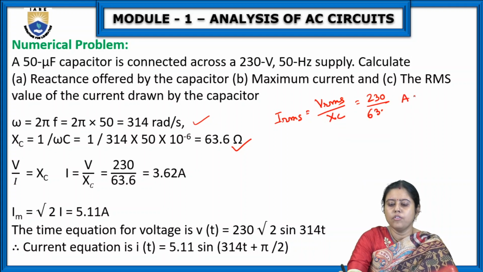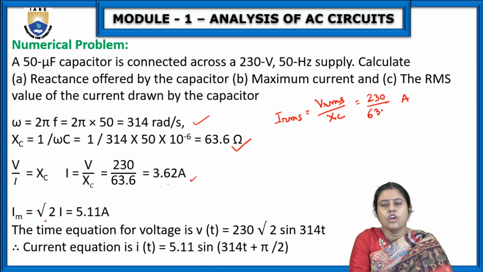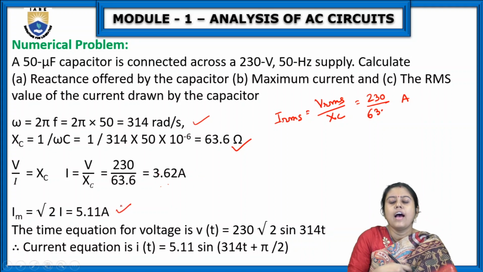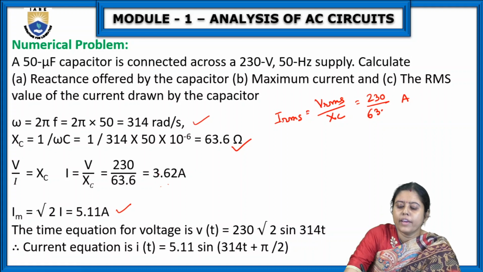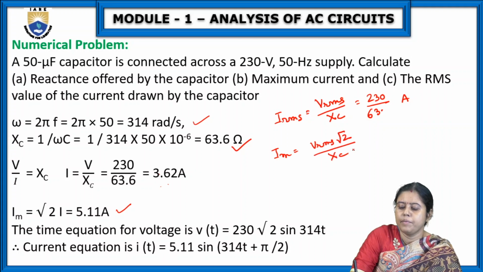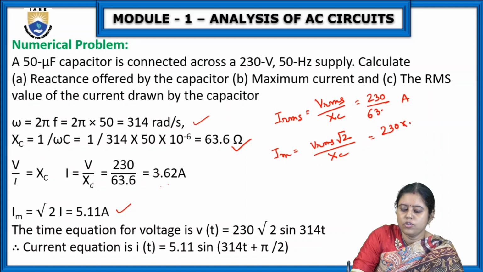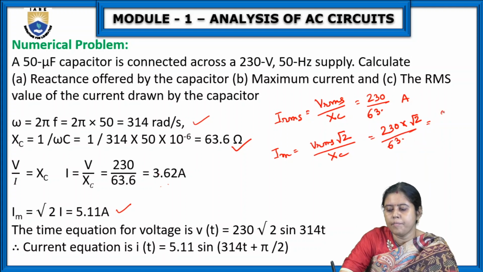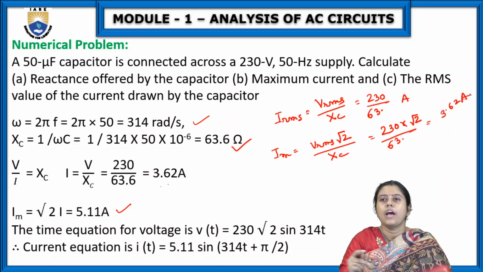So the value of IRMS will come as 3.62, and Im, the maximum current, is root 2 times that, which is 5.11. The other way, we can calculate Imax is equal to VRMS into root 2 by XC, that is 230 into root 2 by 63.6, and the same answer of 5.11 ampere will come.